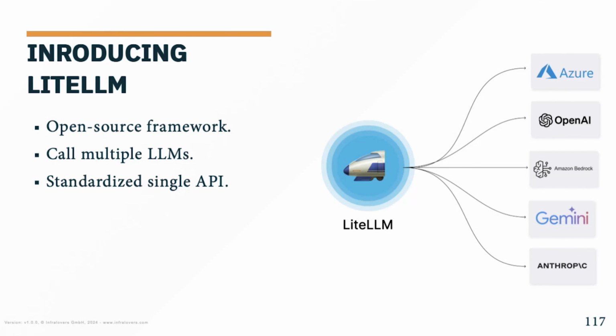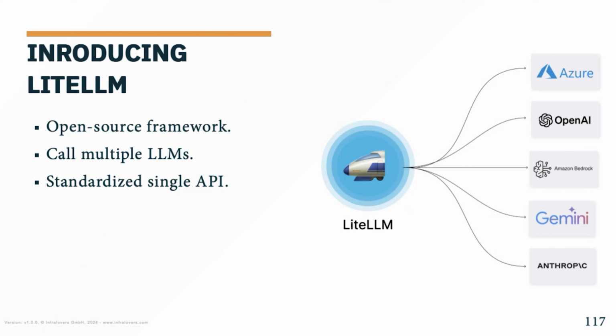LiteLLM can be seen as an open source framework which is designed to simplify working with multiple language models. It provides a standardized API which allows us to call over 100 different LLMs with ease.